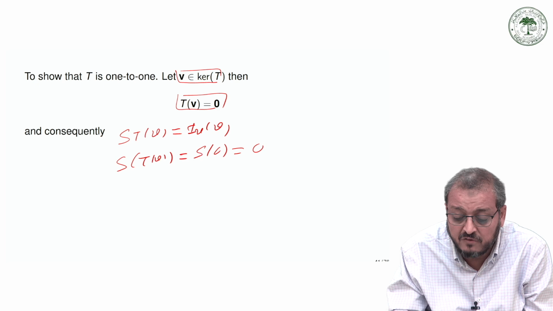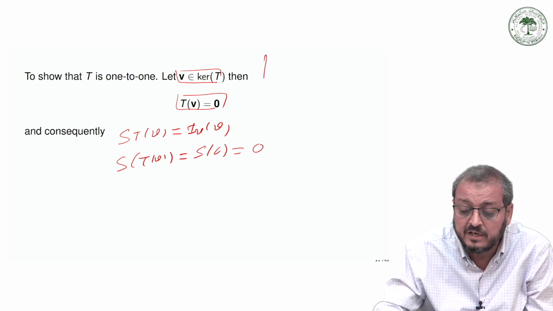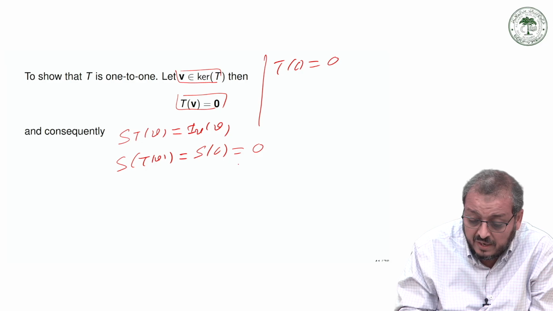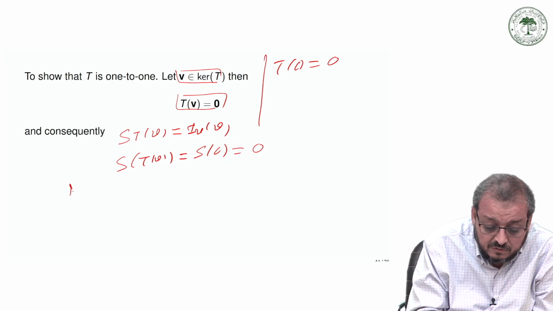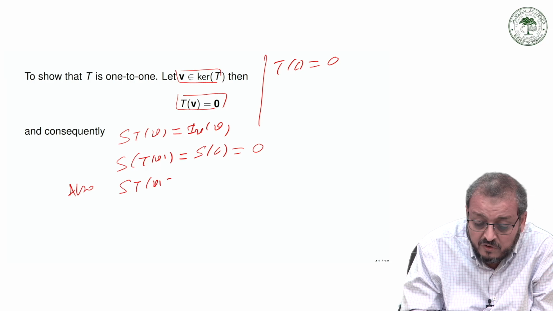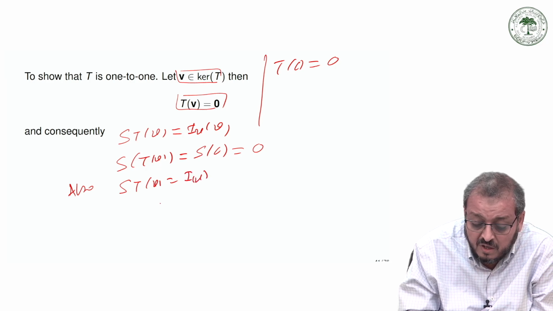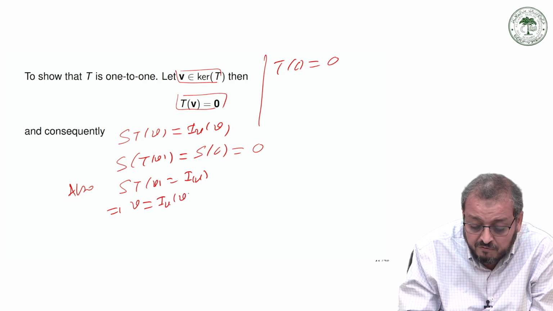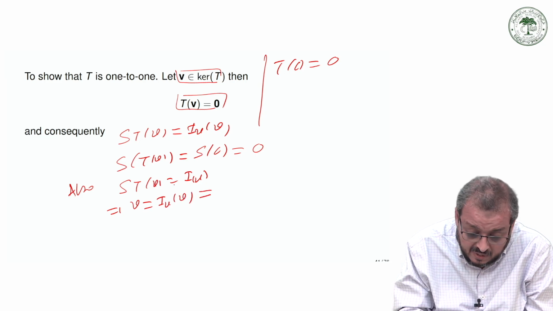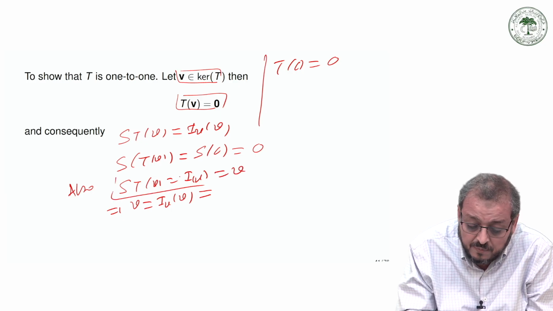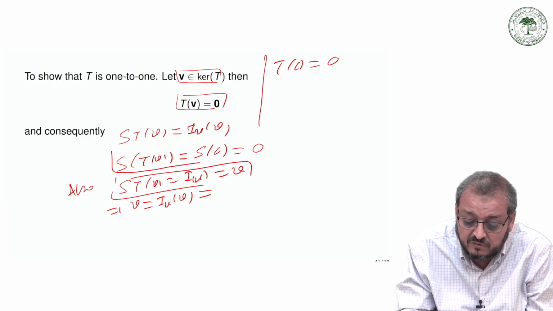S of 0 is always 0, since for any linear transformation, T of 0 is equal to 0. Also we know that ST of v is the identity of v. This implies that v is equal to ST of v, which is equal to 0.